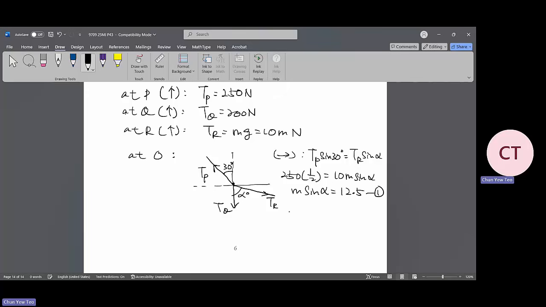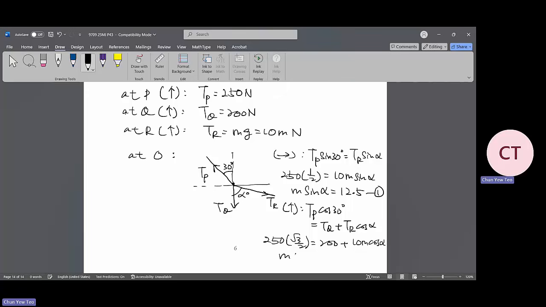That is equation 1. Then if you resolve the forces vertically, you have TP cos 30 is equal to TQ plus TR cos alpha. So you will get 250 root 3 over 2 is equal to 200 plus 10m cos alpha.